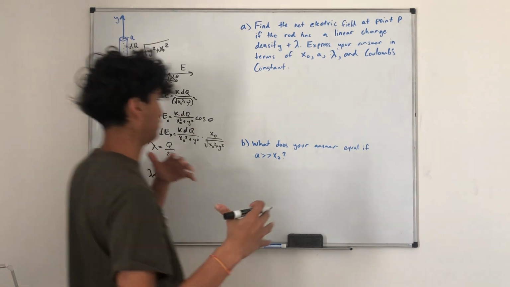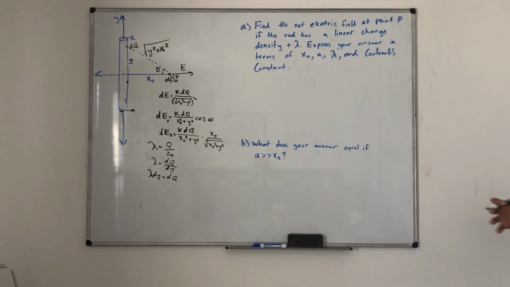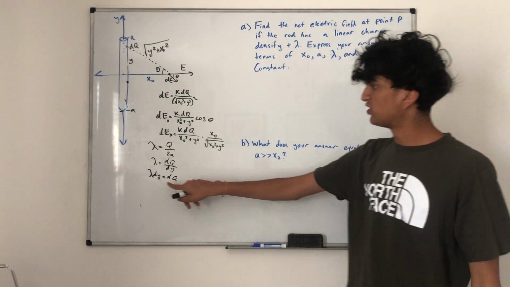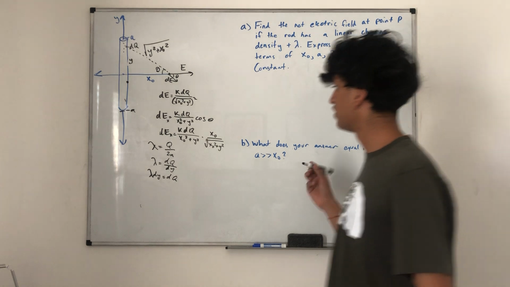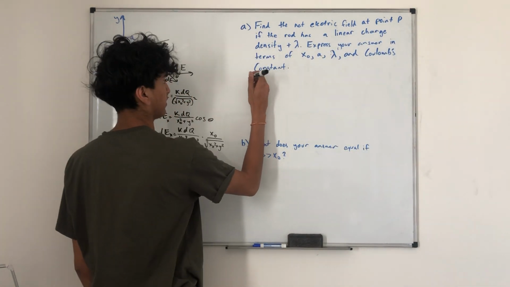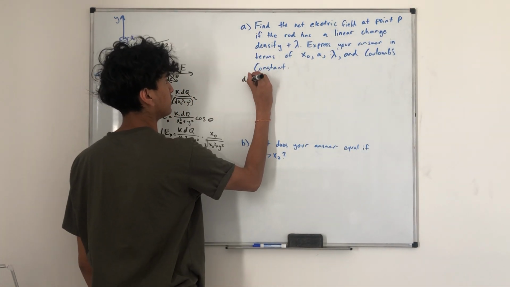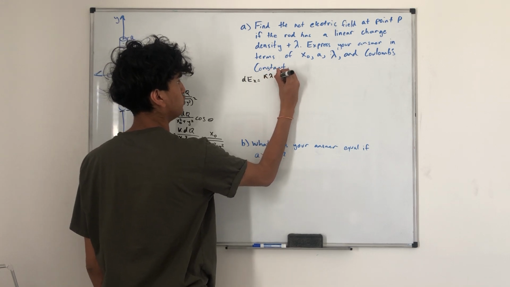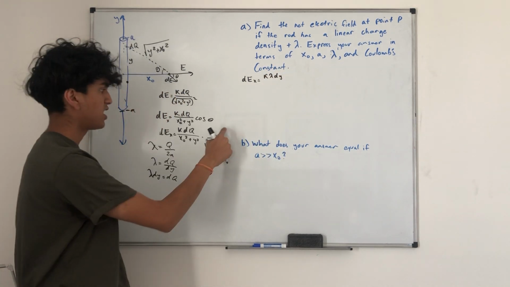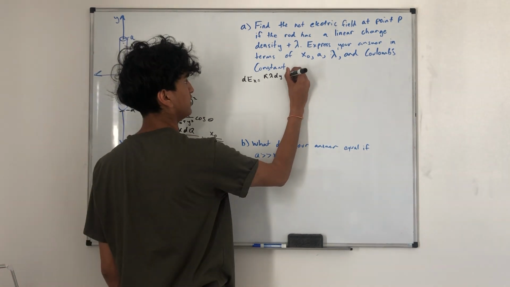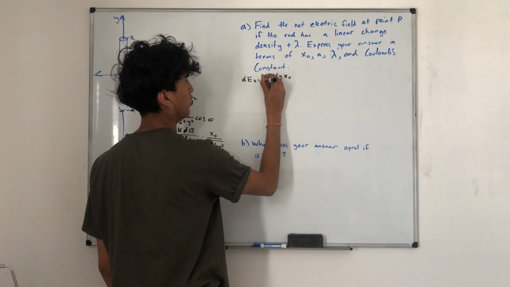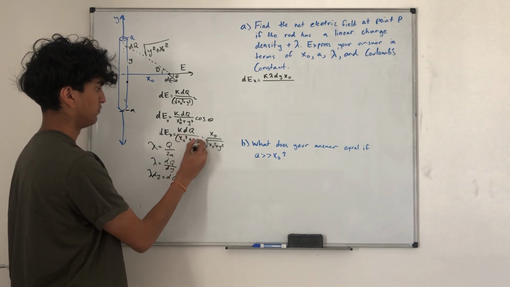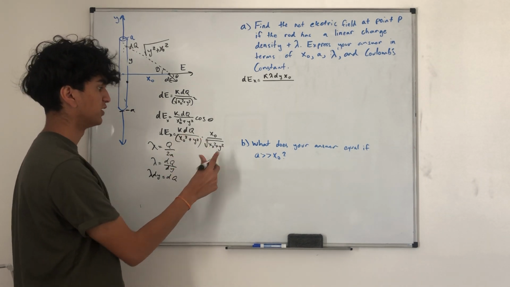So now that we have this lambda dy, we can just substitute that back into our equation. So I'm going to do it right here. dEx is equal to k lambda dy times x naught over, now this is kind of nasty, we have this times the square root.